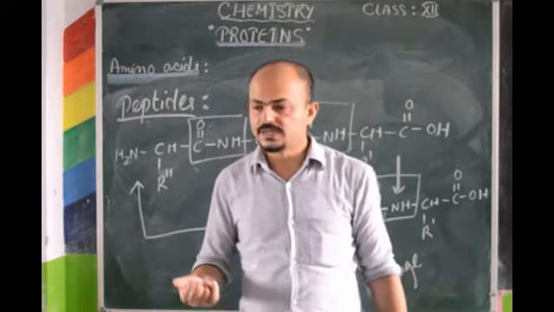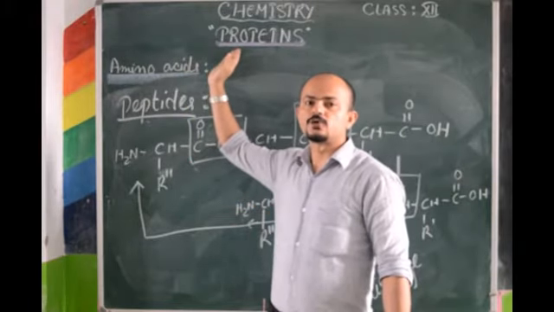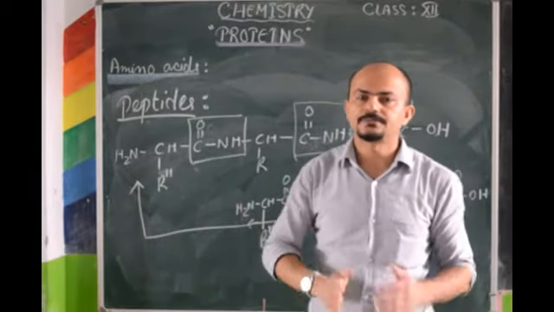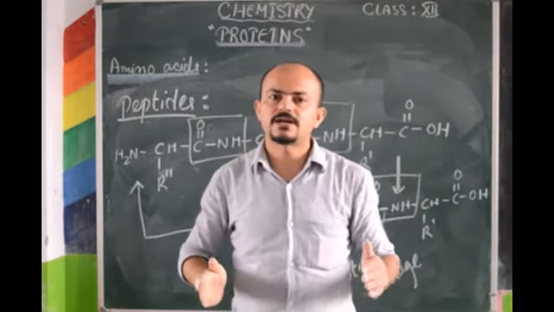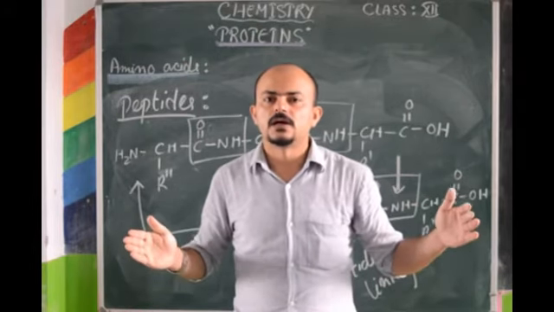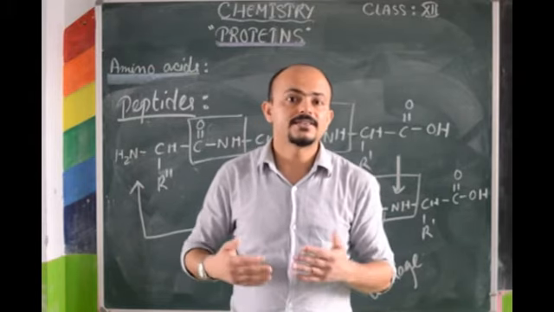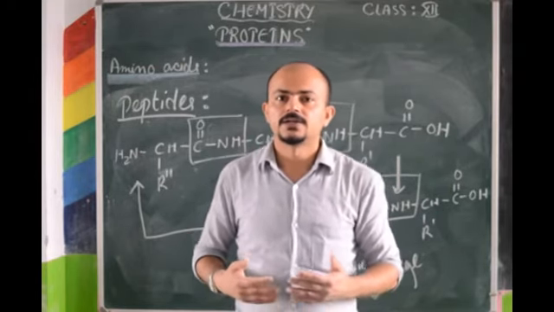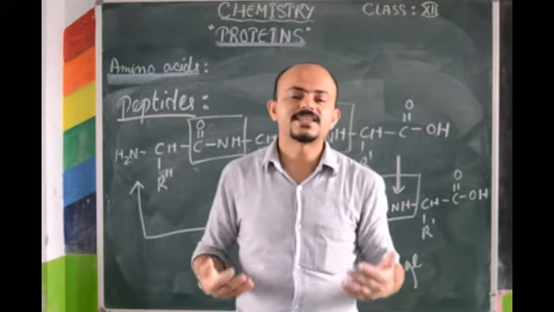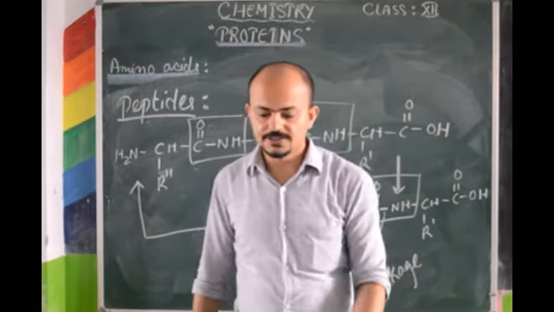So we have begun our discussion with amino acids for the discussion of protein. Amino acids keep on building dipeptide, tripeptide, and once they form a very large chain, that is known as polypeptide. When the molecular mass of this polypeptide is more than 10,000 units, that is known as protein. Hope this is clear.